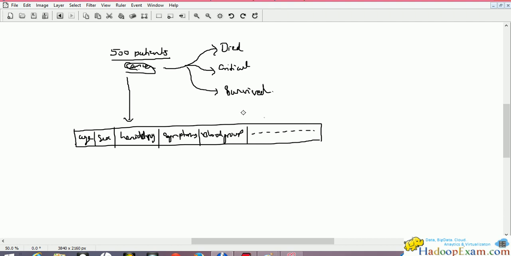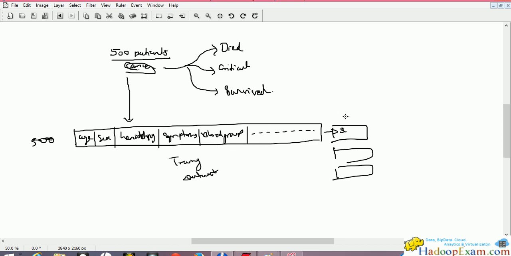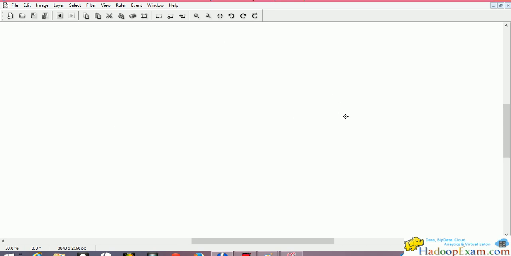This data set exists for all 500 people, and I also have their survival or critical situation. So this data set is exactly the training data set, because I want to train my system. Let's assume all the data of the 500 patients is in one text file or CSV file.